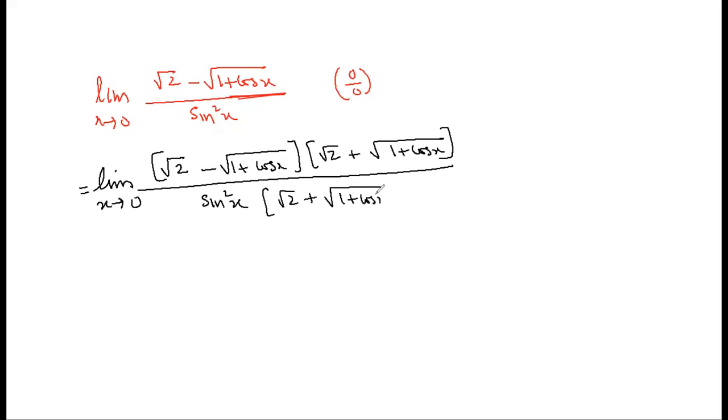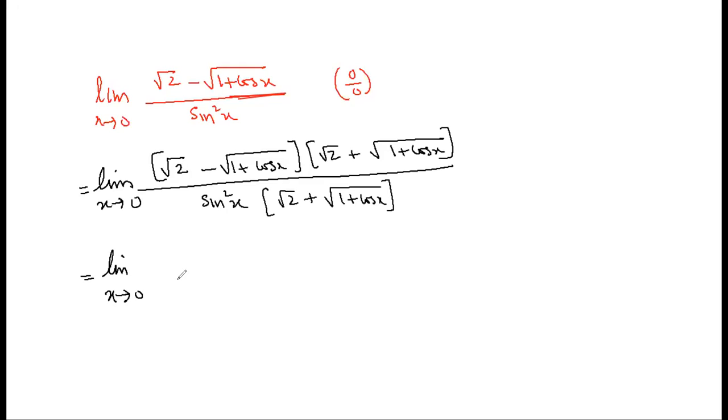Sir, I got the answer. Can you tell me what you did after this step? Ayush, tell me. Sir, I did it with a different method. What method did you do? Root 2 minus root 1 plus cos x upon sine square x.